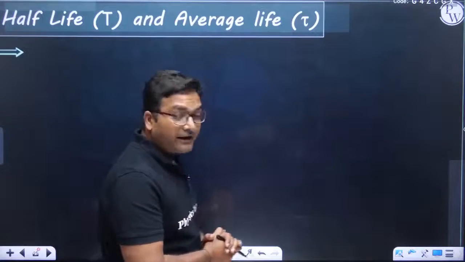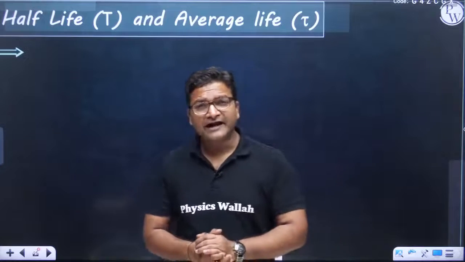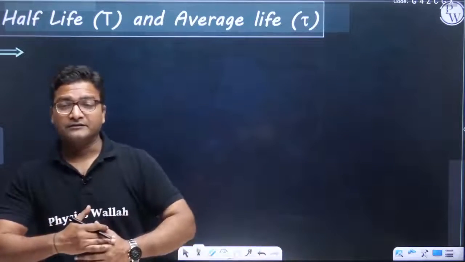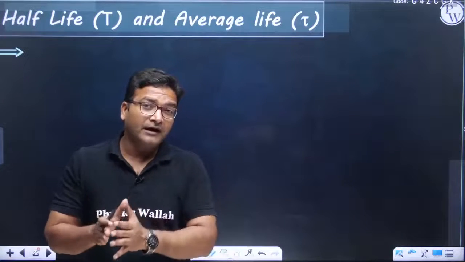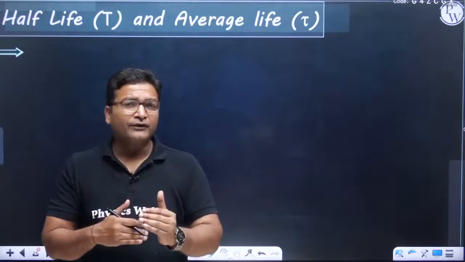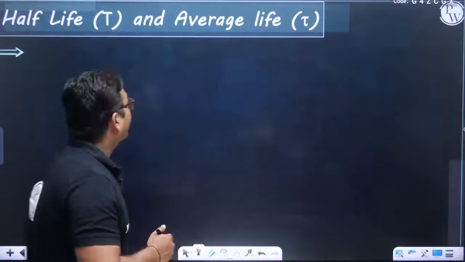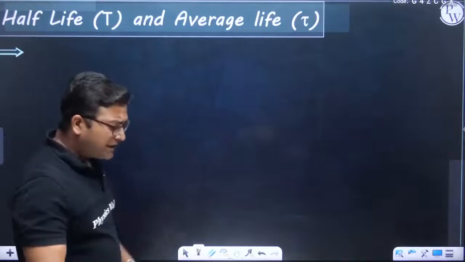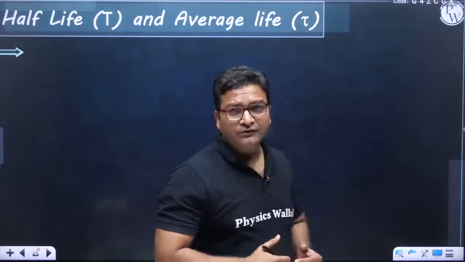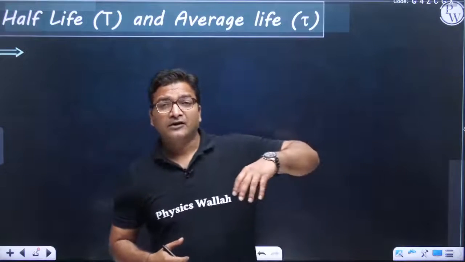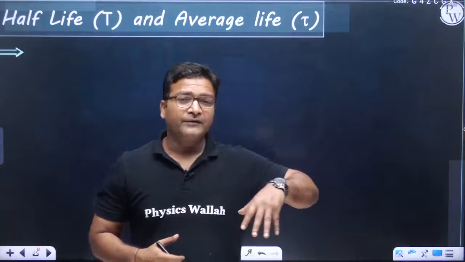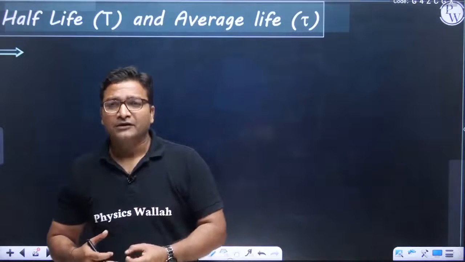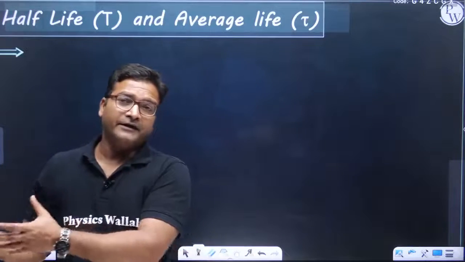Half-life and average life. Half-life is the time span in which half of the nuclei are decayed, or half of the nuclei are left. So half-life is represented by letter T, and average life is just similar to the time constant, like we studied in discharging of a capacitor or decay of current in LR circuits.